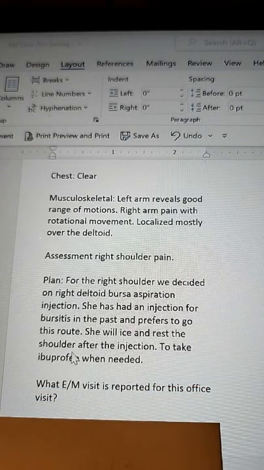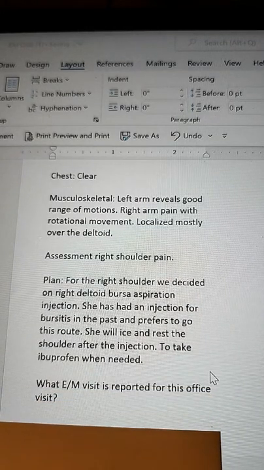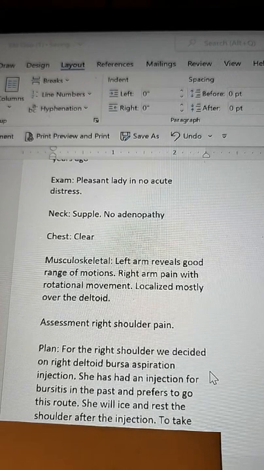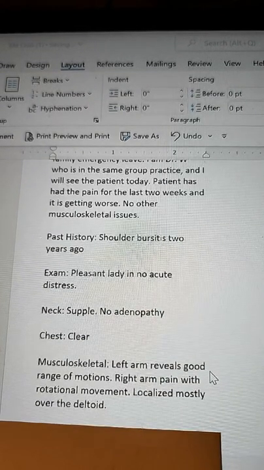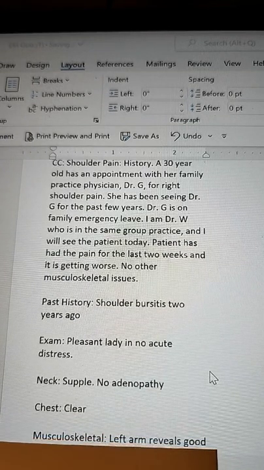She will ice the shoulder after an injection and take some ibuprofen, so she must be getting a procedure done. She's had shoulder bursitis for 2 years.